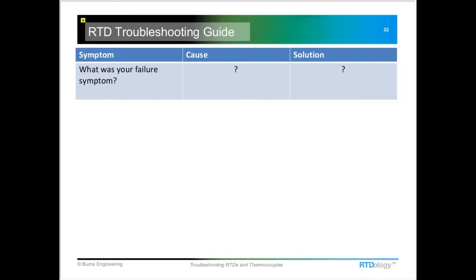If the change isn't very large, I would suspect that. The other thing I've seen is some potting material get damaged by being over-temped, and that can cause a time response change in the probe.